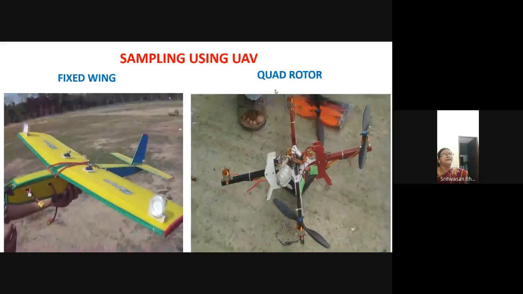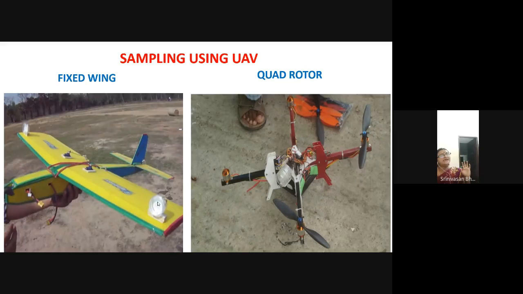Next comes sampling using UAV, that is unmanned aerial vehicle. This is categorized into two. One is the fixed wing, the other one is the quadrotor. In the fixed wing, you can see it's a typical toy aeroplane-like structure. This just flows through a particular area where you want to take an air sample.